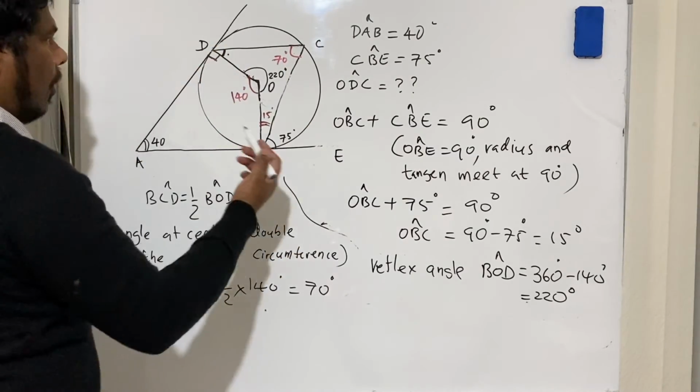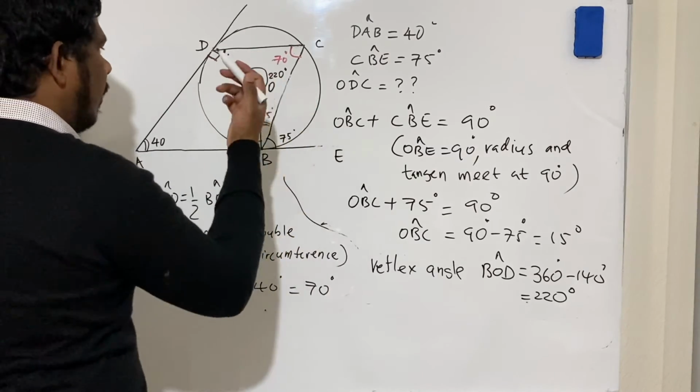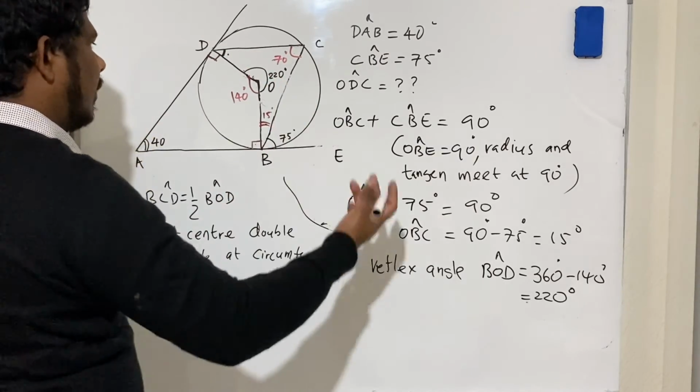OBCD is a quadrilateral. It's a funny shape, but it's still a quadrilateral. So the angles add to 360.